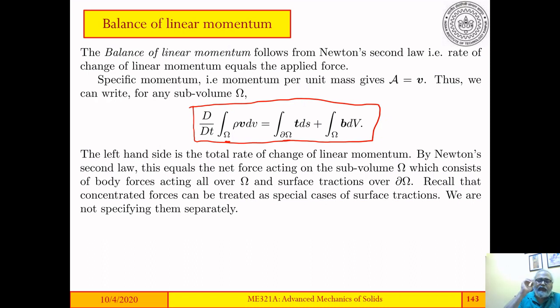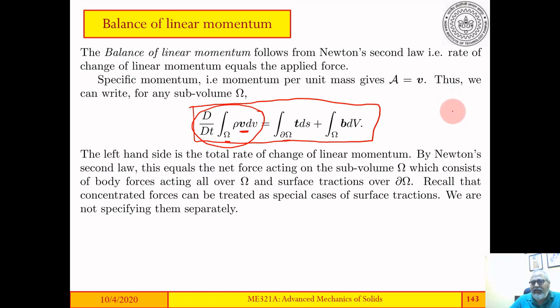Now, we are going to deal with this in a step-by-step manner. Before doing that, let me deal a little bit with the left-hand side. While dealing with it, I will forget that I'm dealing with this particular case of momentum.